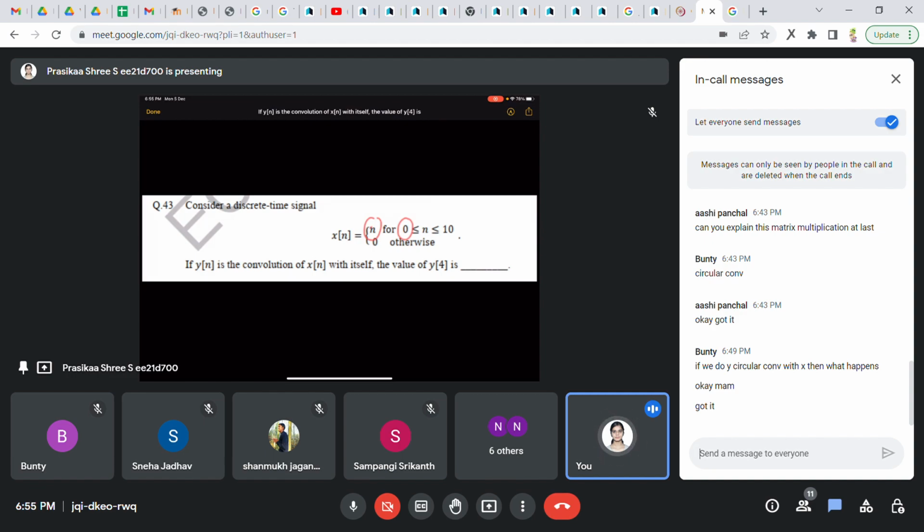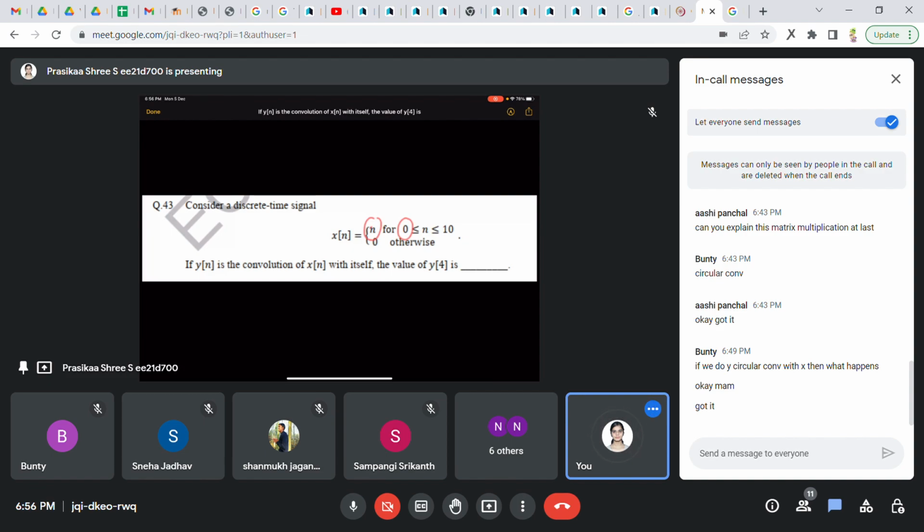If the question has a very small sequence, for example a finite sequence for just 0 to 4, or n from 0 to 5, you can go for the summation method.